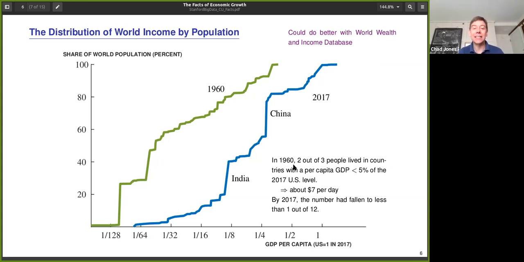In 1960, 2 out of 3 people in the world lived in countries with GDP per person less than 5% of today's US level, so less than about $7 per day. And so if we go to where the 2/3 point is, right in here, you'll see that's at about 1/12 of the US in income, I think.